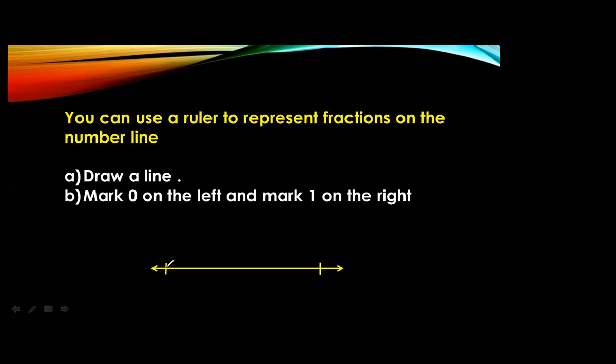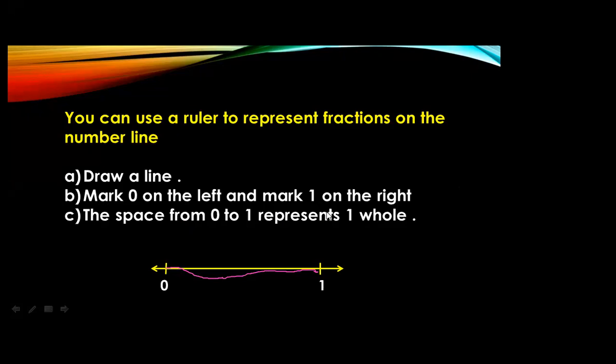All of this area together, this is 1. Okay, I want to divide it into groups to make fractions. We have 0 and 1, what will we do? We divide the spaces from 0 to 1, the whole 1.